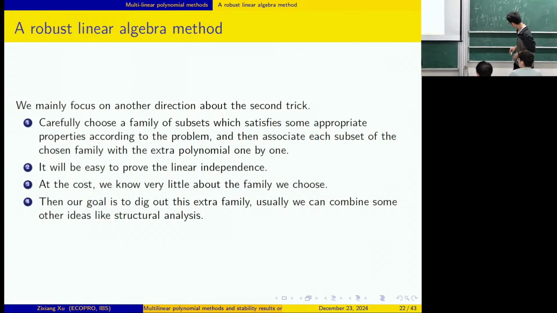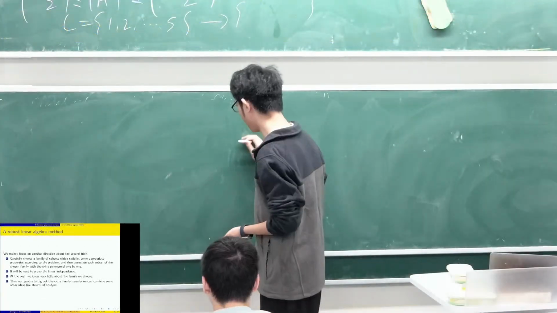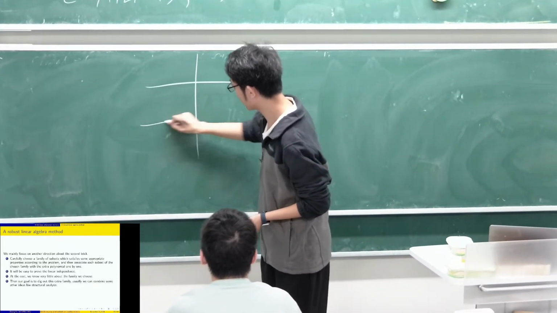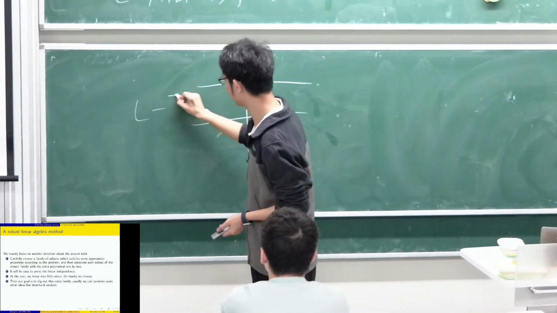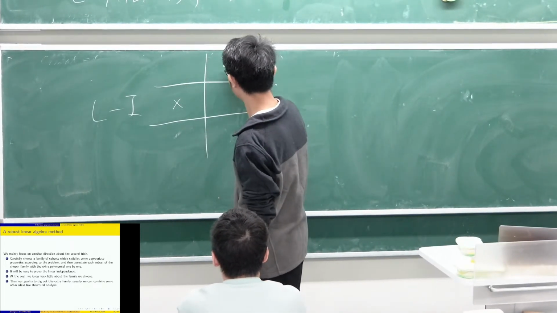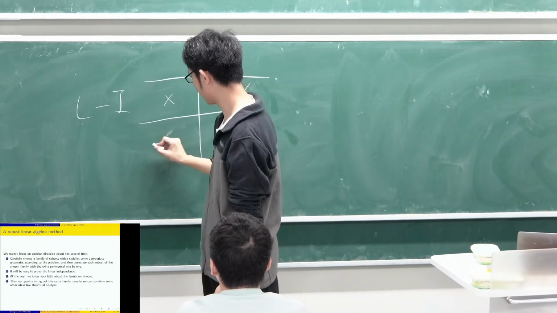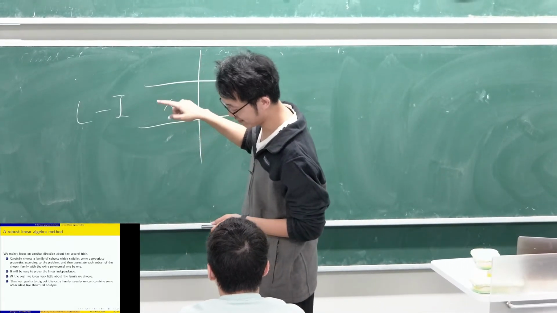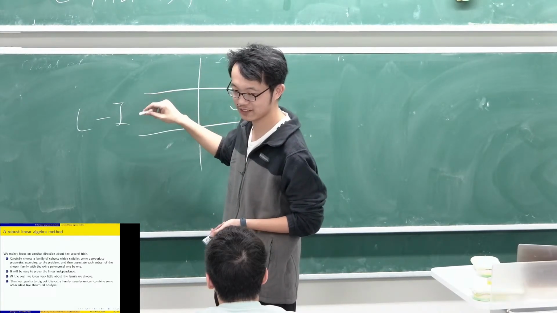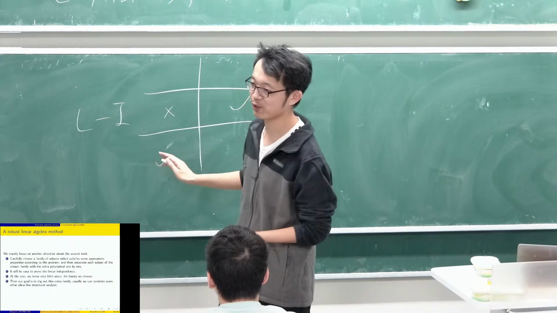That means, compared to the previous trick, showing linear independence is not easy in the previous method, but our method is easy. In the previous method, suppose you prove the linear independence, then you are done, because you already gained the improvement.